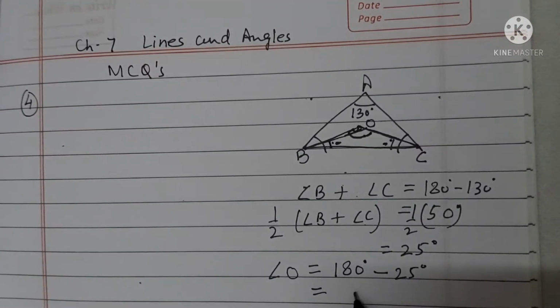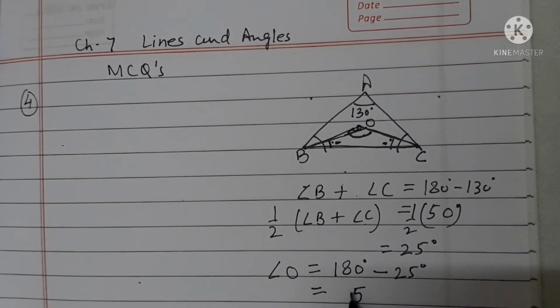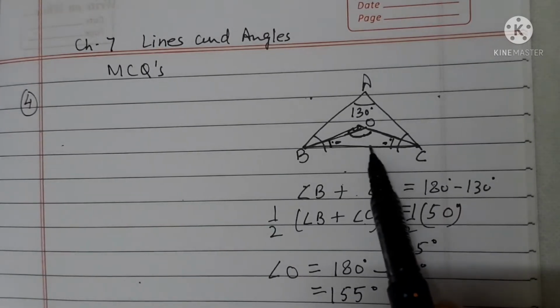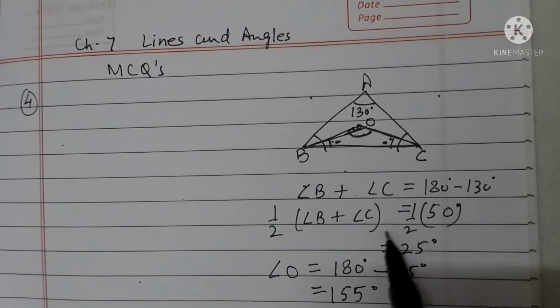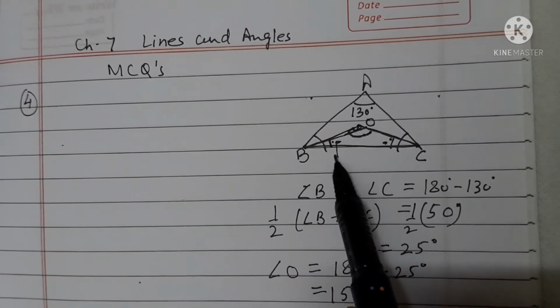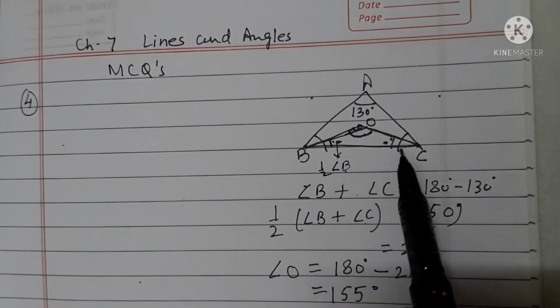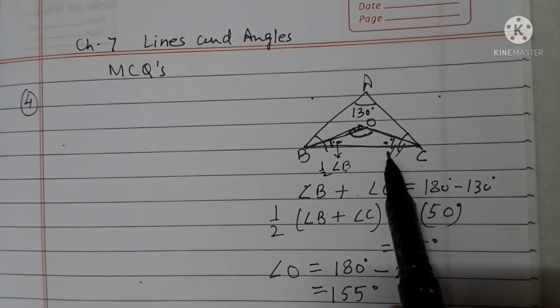So you get 10 minus 5, 5, 7 minus 2, 5, 1. Angle O is equal to 155 degree. This is half B, angle half B, and this is half C, this part, not this.